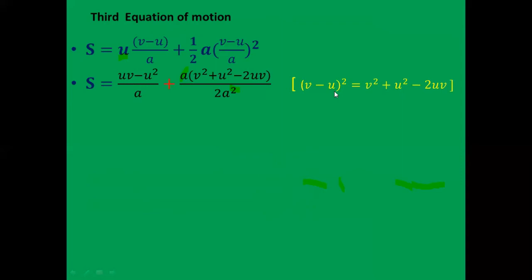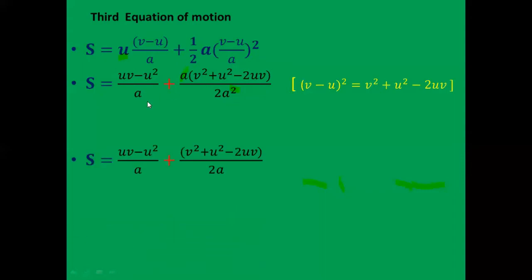So (v minus u) whole square is equal to v square plus u square minus 2uv. So the equation becomes a into (v square plus u square minus 2uv) divided by a square whole square, so a square. So it becomes 2a square.